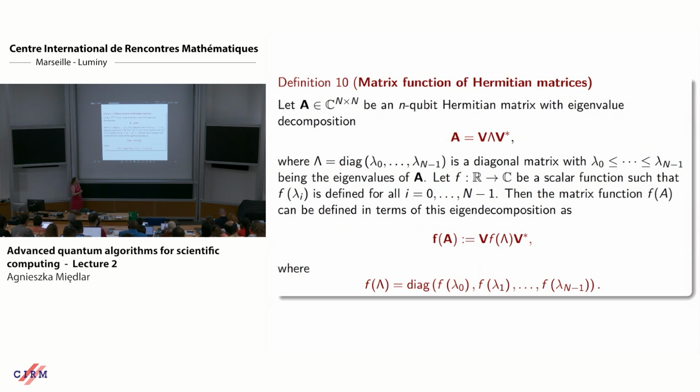Essentially you use the eigenvector matrix, and then you use the function of the diagonal matrix. So this is f of lambda, where lambda is the diagonal matrix with the eigenvalues on the diagonal, and this diagonal matrix has evaluations of the function f at each of the eigenvalues. That's why they have to be defined. So this gives you, of course, a matrix, and the result is a matrix. So the function of a matrix is a matrix object.